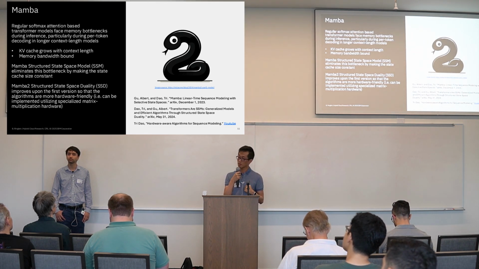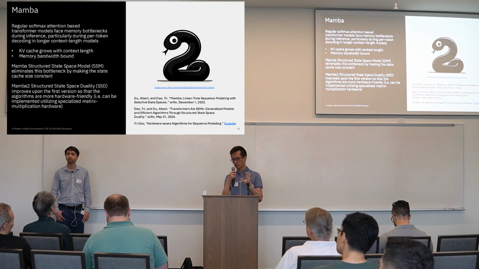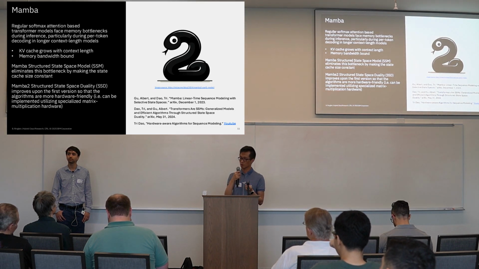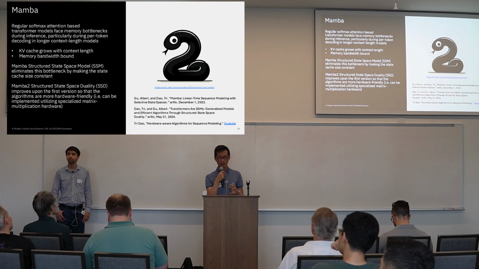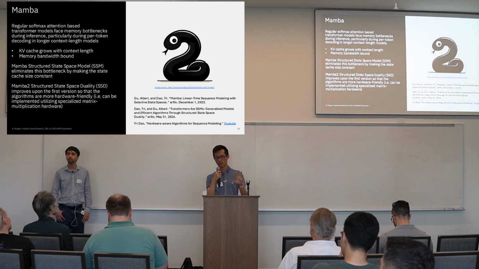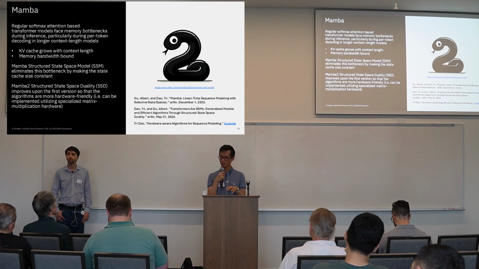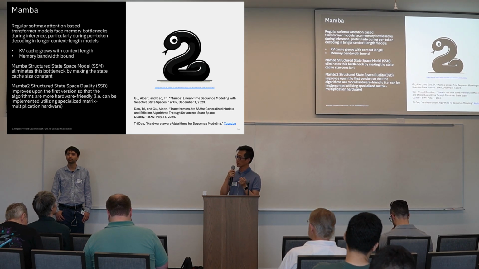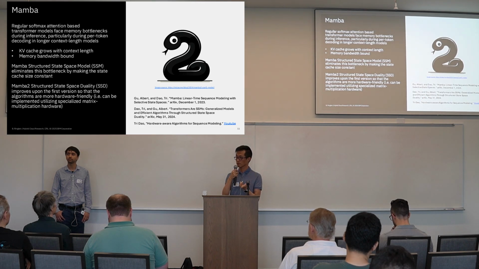But the Mamba architecture proposed a new way to solve that problem by using a state space model. With a change to how the state space model is represented, they basically let some of the states also evolve with time. By doing that, they can keep the cache, which is the cache for the states, a constant size.